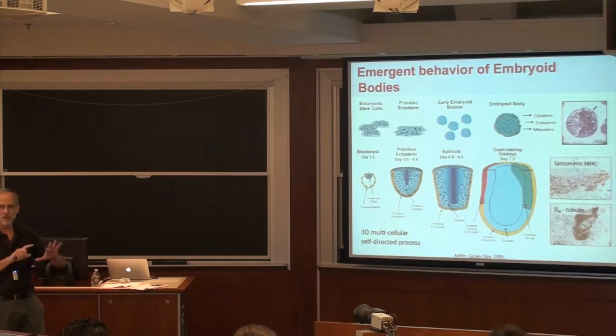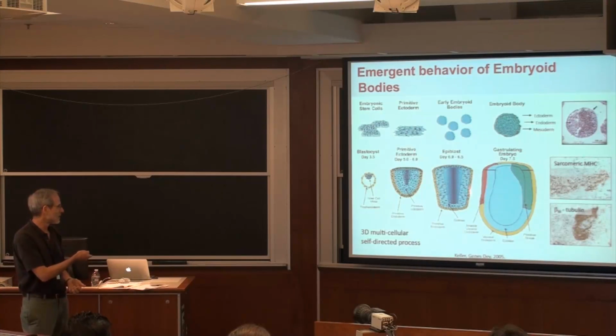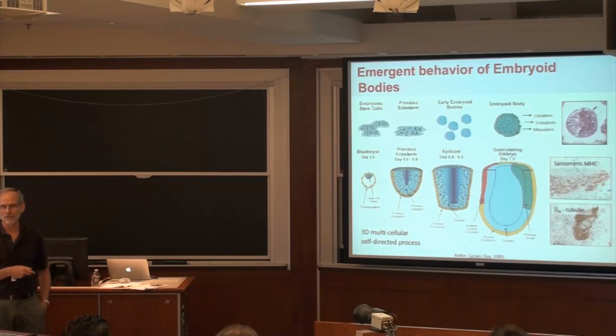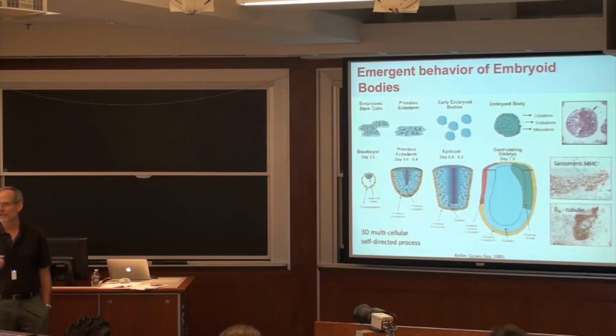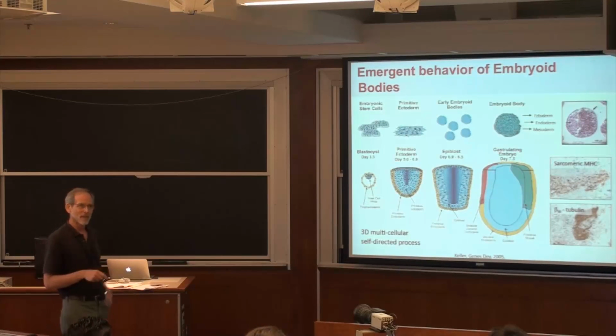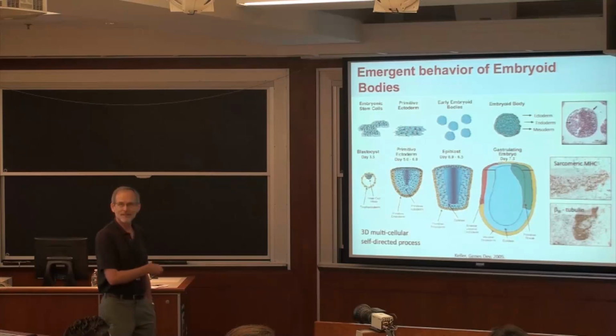We don't know how to apply external signals in order to get it to do something like what happens during development. And part of it is that we don't know how to control these things. We don't know how to control, say, the macro environment in such a way that we can get this to do the kinds of things that this does.